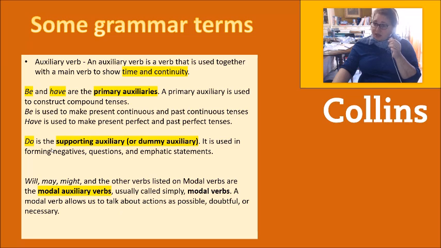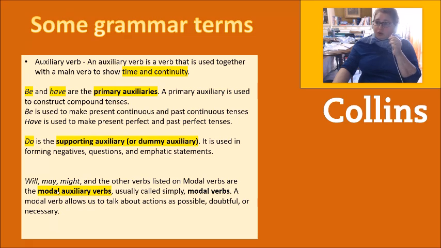And questions in English always start with an auxiliary. So you need this supportive auxiliary do. Do you play basketball? Or did you play basketball yesterday? If there's no auxiliary, we must use the dummy auxiliary do.